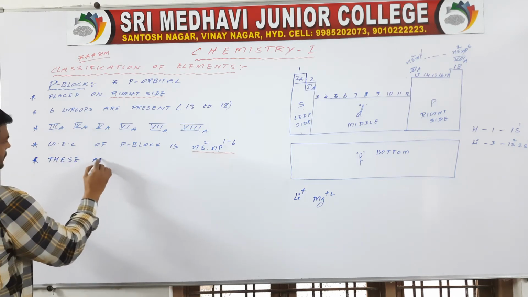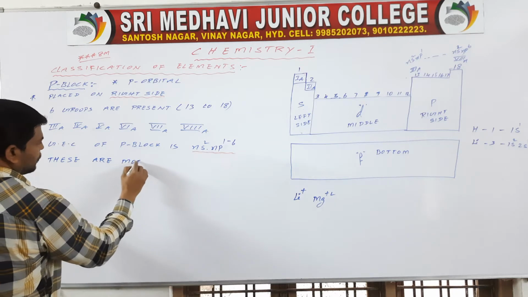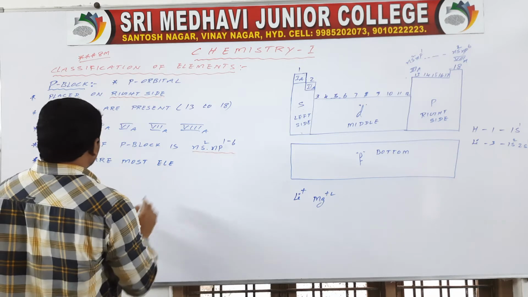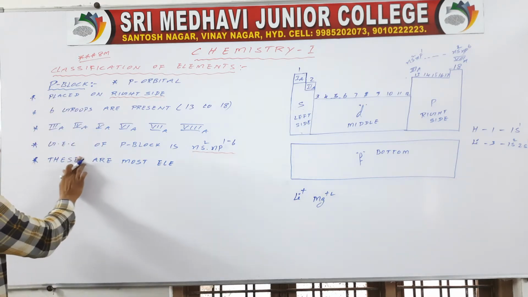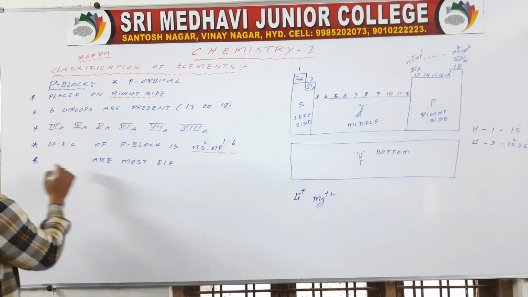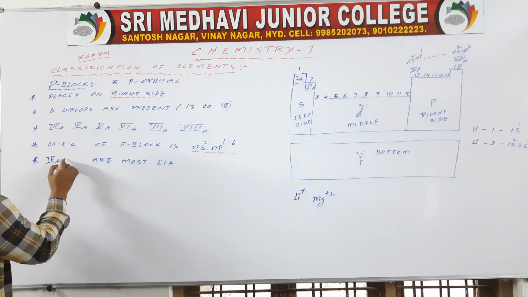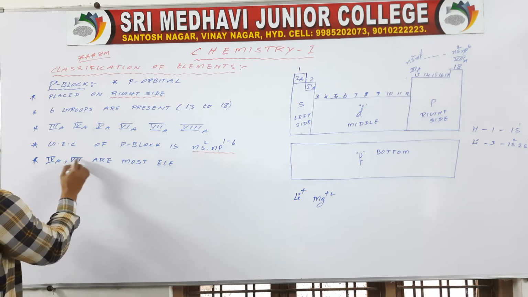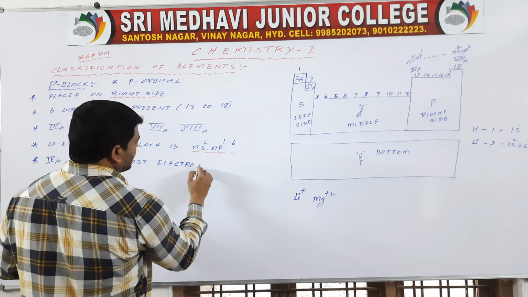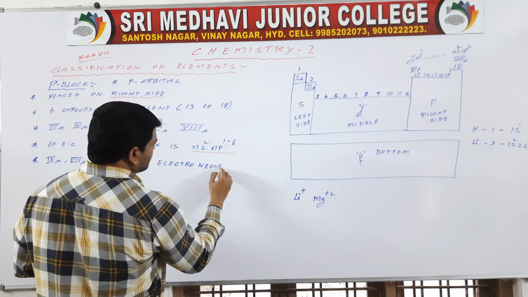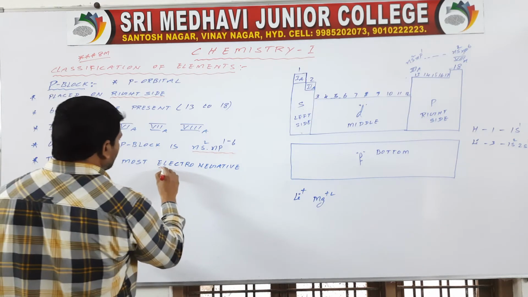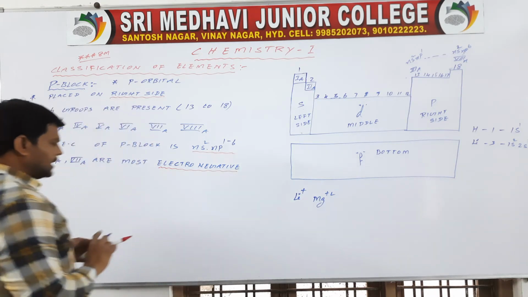Then 6th A and 7th A are most electronegative elements.